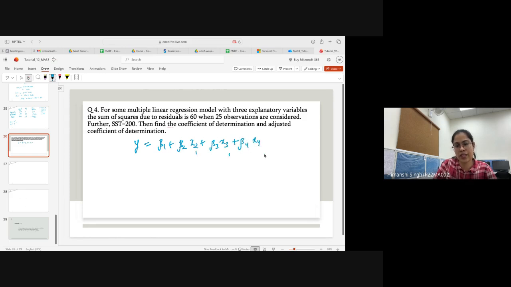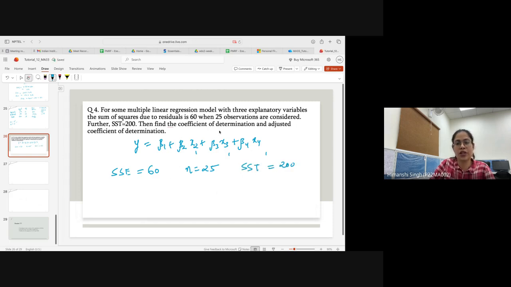The sum of squares due to residuals is 60, so SSE is 60, when 25 observations are considered, so n is 25. Further, SST is 200.